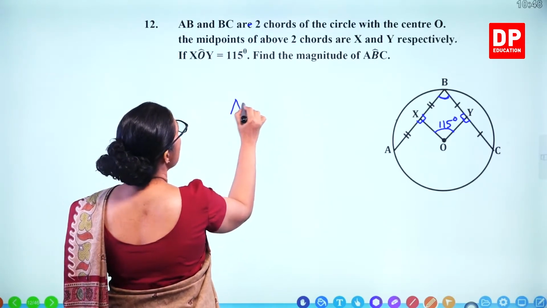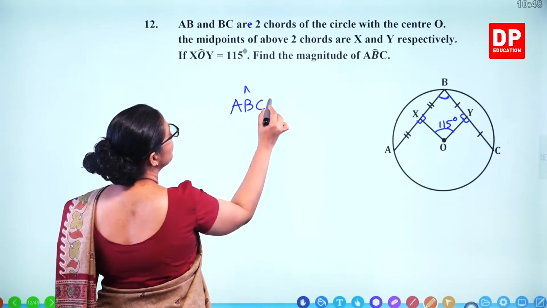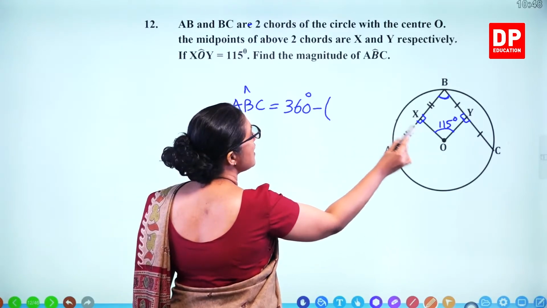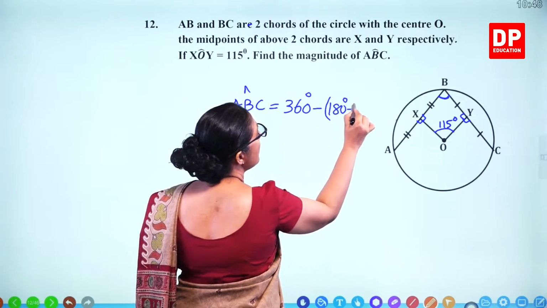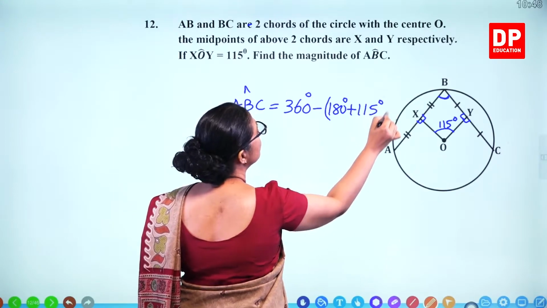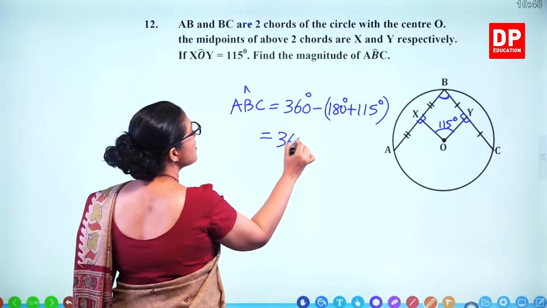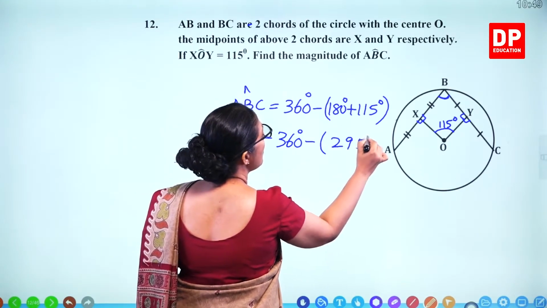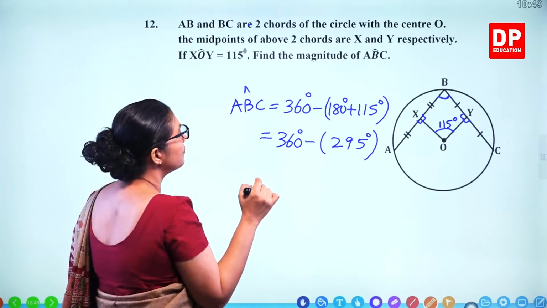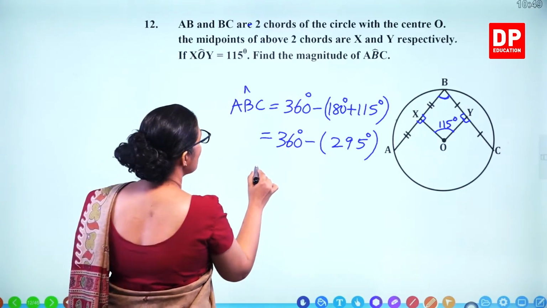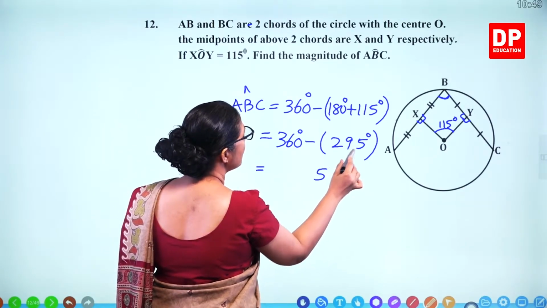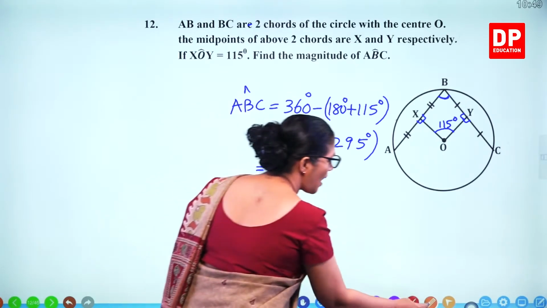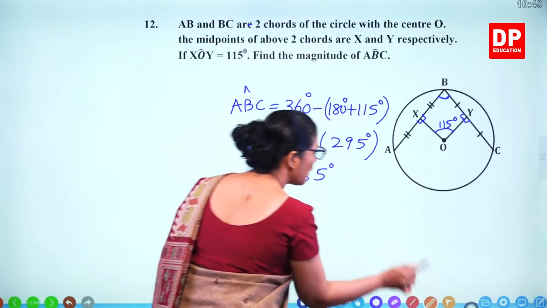So ABC angle: 360 minus 90 and 90, 180, and 115 you have to add. 360 minus 295. So 65 is the other angle. So 2 marks for that.